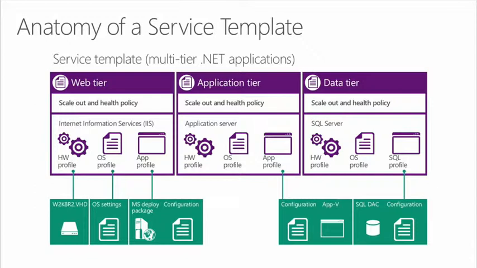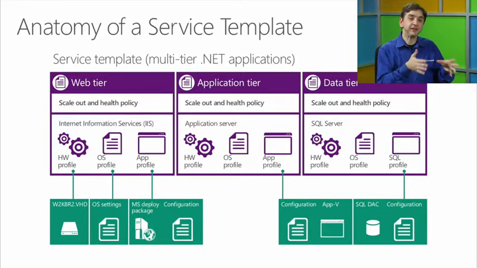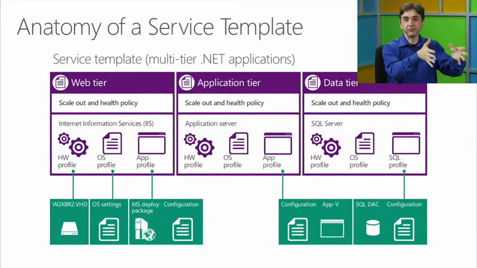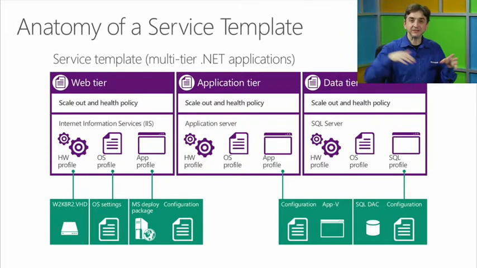You also can specify for each of those individual tiers a scale out type property. In other words, I may have a web tier that has 3 VMs when I deploy initially, in a load balanced web farm. Well, I want this thing to scale out to 10 virtual machines depending on the utilization. So I can create a scale out policy that says minimum of 3, maximum of 10.